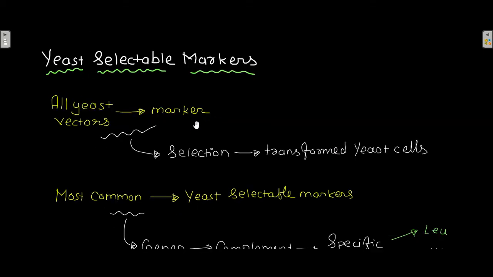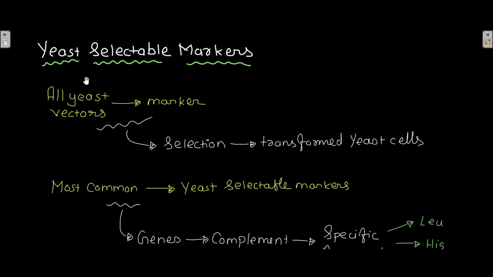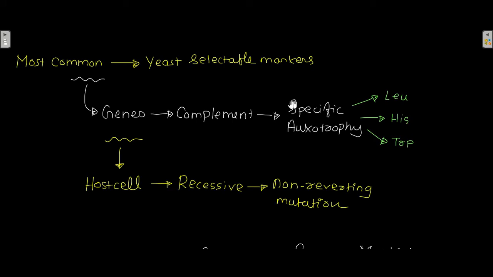Now let's also talk about yeast selectable markers. All yeast vectors contain markers which allow the selection of the transformed yeast cell. The most common yeast selectable markers are the genes which complement a specific auxotrophy, that is for leucine, histidine and tryptophan.